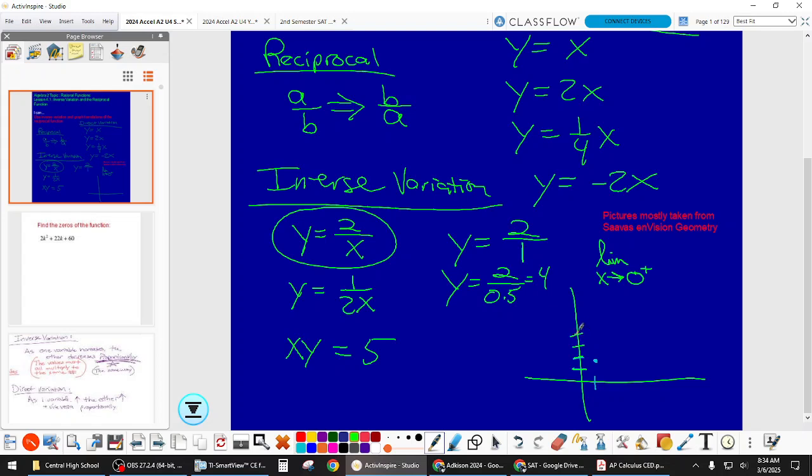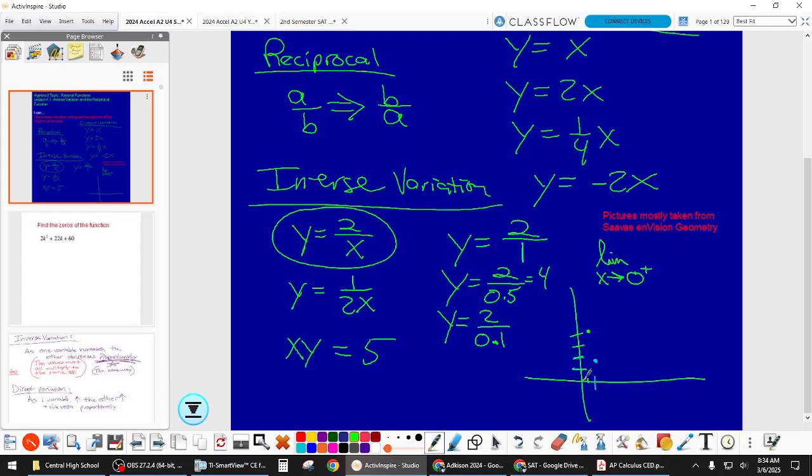Remember we're getting closer and closer to the y-axis, so that's going to be a little bit closer. Okay, what if we do y equals 2 over 0.1? It's 20. Okay, so 20.